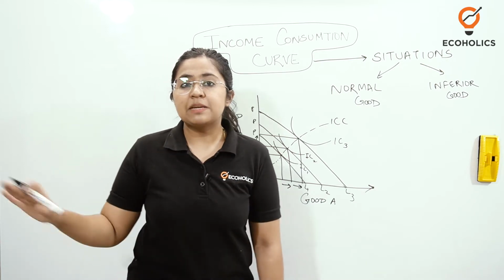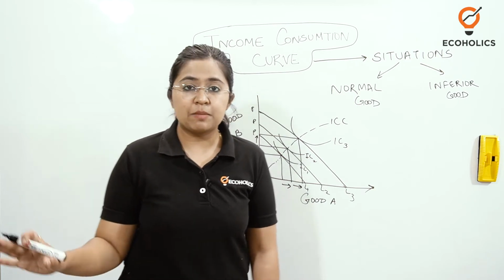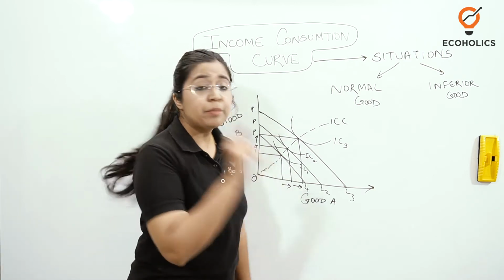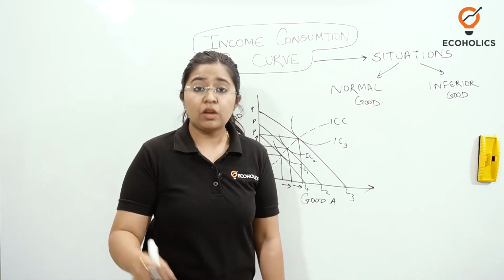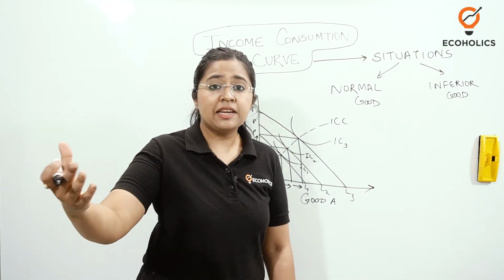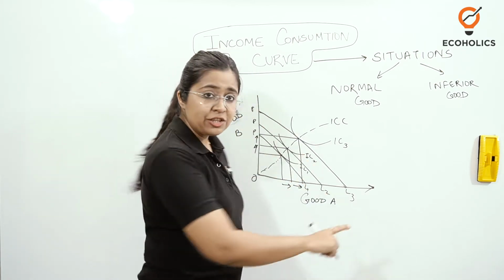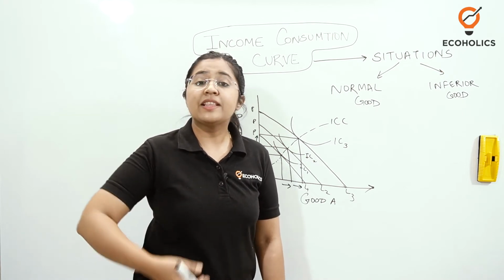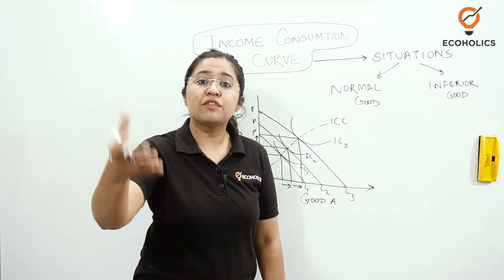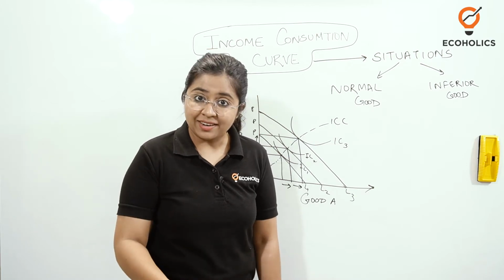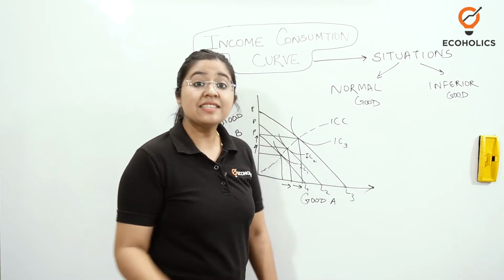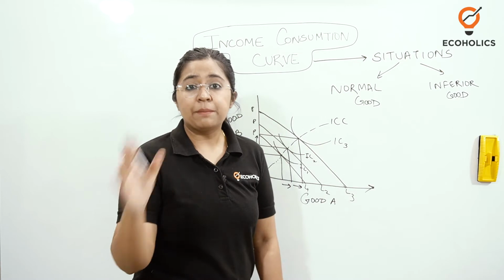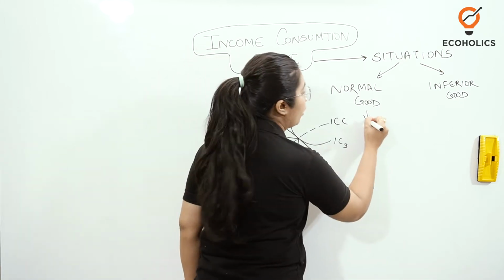So all things remaining the same, price remaining the same for all the commodities, when because of an increase in income, the change that happens in the quantities of goods is positive, or when there's an increase in the quantities of commodities that are consumed, that is known as a positive income effect. Okay, so in normal good, what do we see?